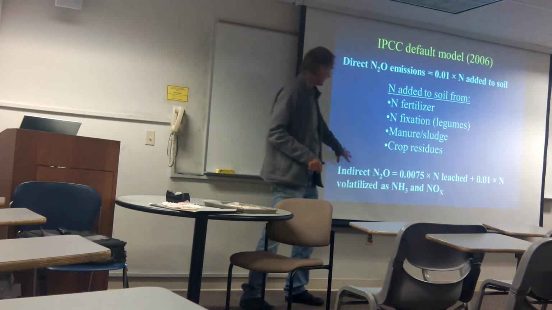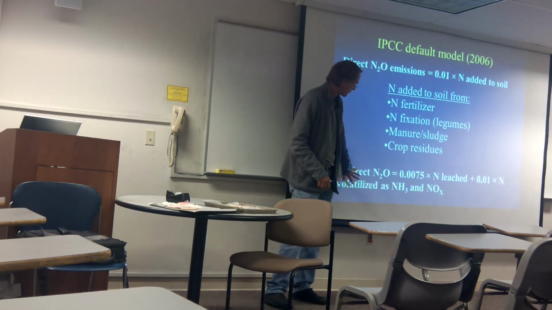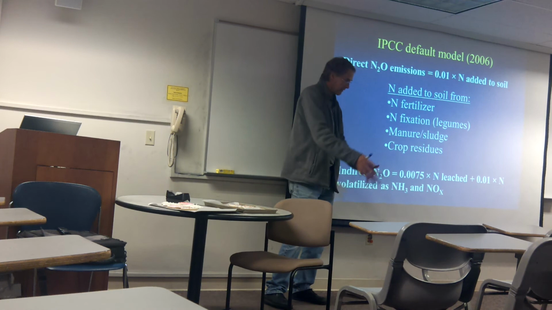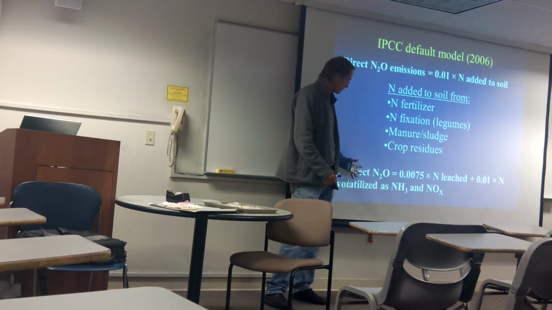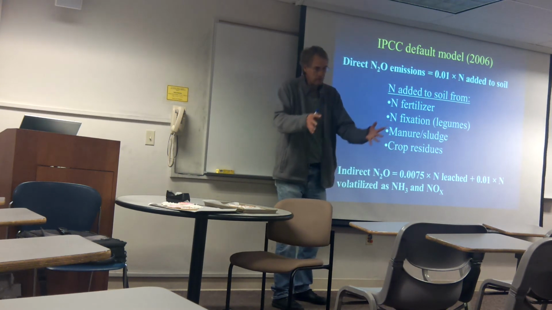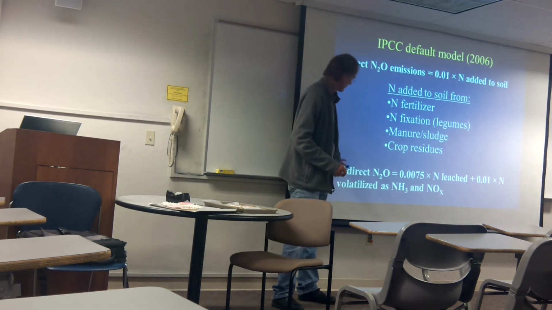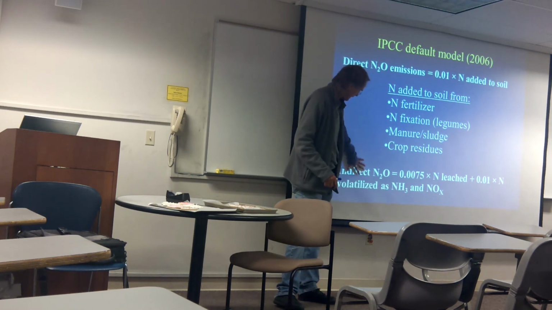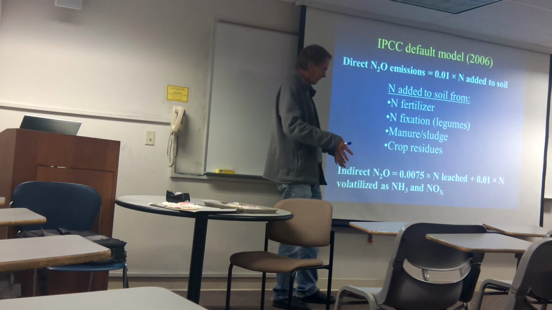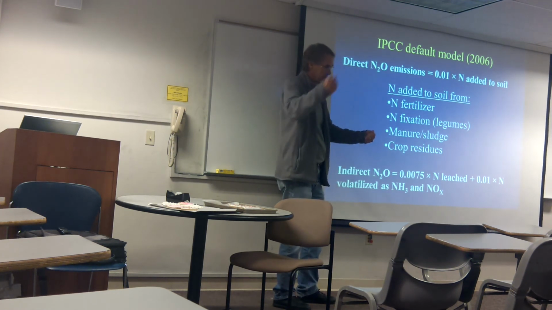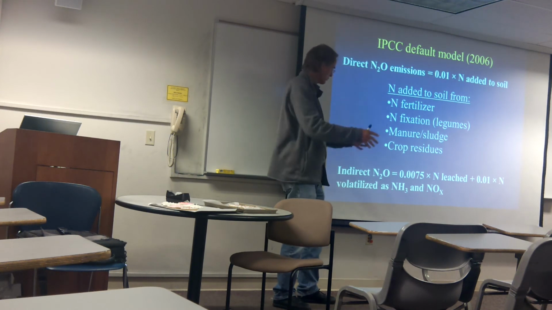So that's the idea of indirect N2O: as a consequence of other losses from the site of application, where your direct emissions are occurring, you can be stimulating nitrous oxide production somewhere else. The DayCent model looks at a field scale, so it doesn't explicitly do the indirect.